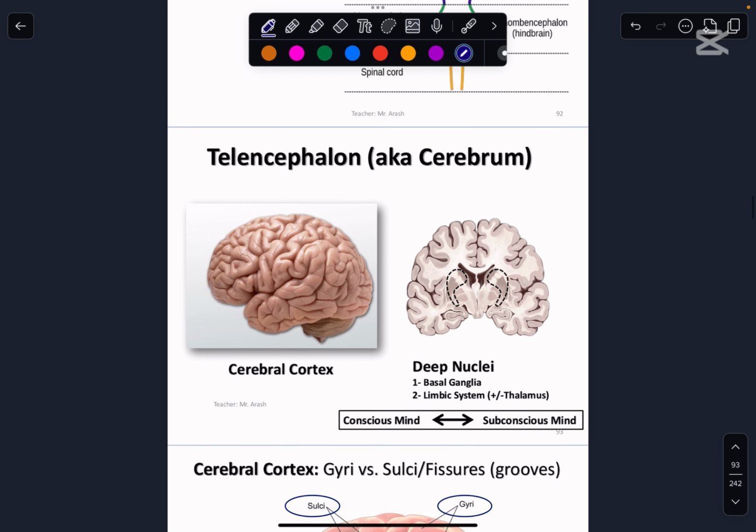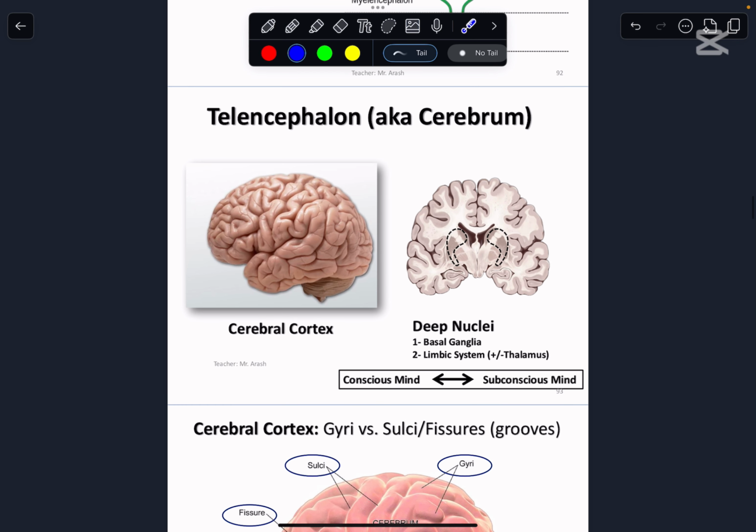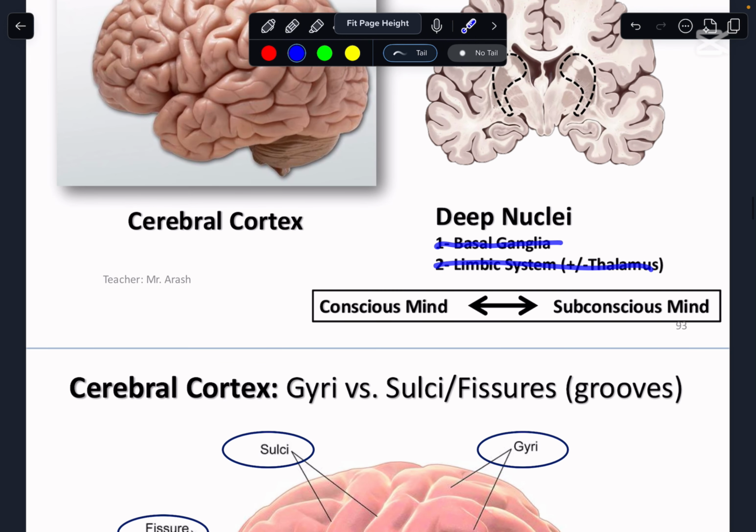And what you see here is the cerebral cortex, which has been folded, as you can see. And then here they're showing you the deep nuclei, which are these structures deep in the brain, which we're going to be dividing into basal ganglia and limbic system. Now notice I included the thalamus as a plus or minus because some people include thalamus in the deep nuclei, some people don't.